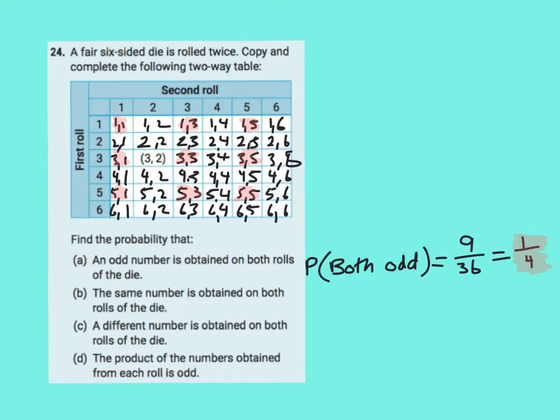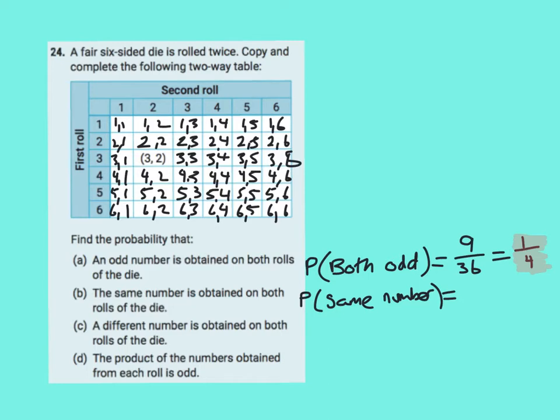Okay, the same number is obtained on both rolls of the die. So P, same number, or both same. Okay, so where we have the same number, let's just take off my highlight and go with a different highlight. We'll go with blue.